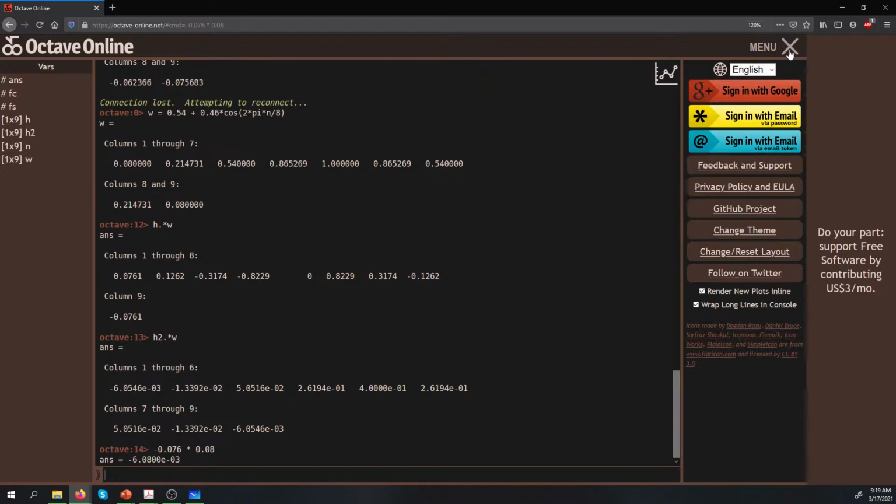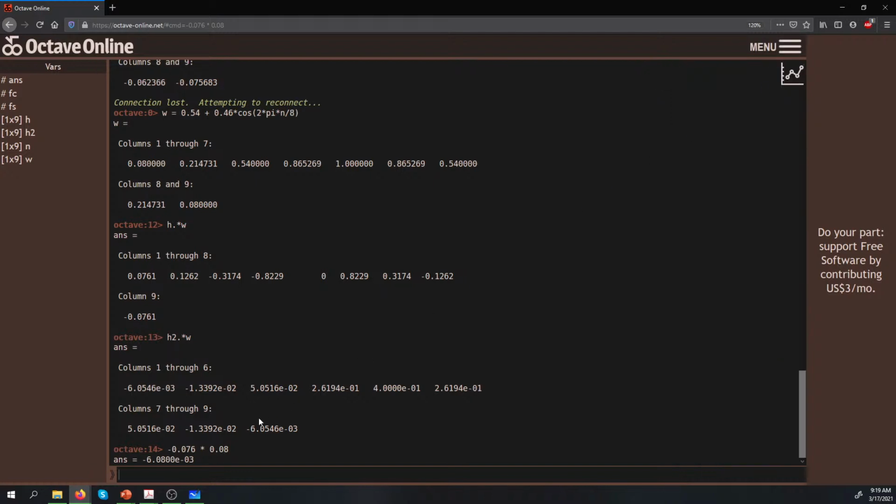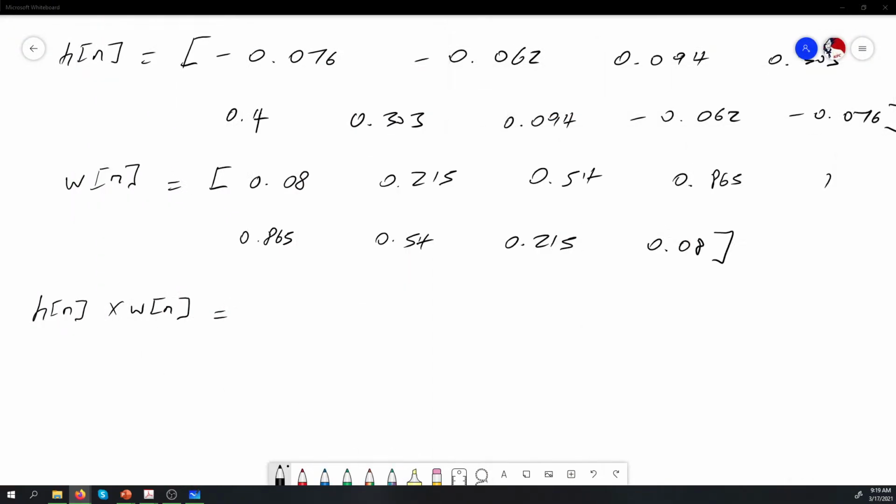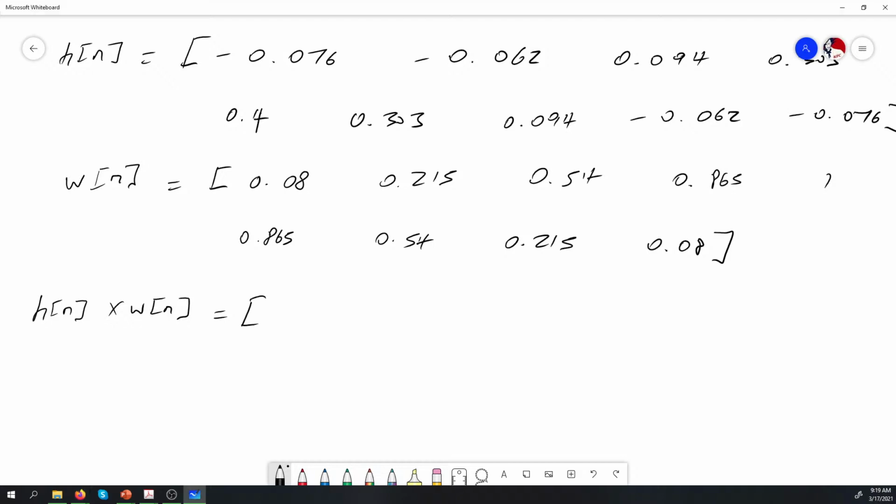So let's see if I had something here that I can do. It isn't the setting here. So I'm just going to use this as required, as we see here for h2 and w. I want to bring this back across here, and I'm going to write these answers out instead of in the truncation form. We're going to expand them out. So the first answer here was negative 6.054 times 10 to the negative 3.